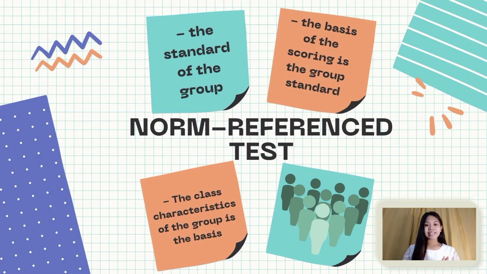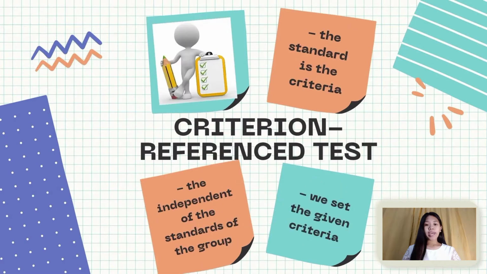In the norm reference test, the standard of the grading system is the group, the norm of the group, okay? The standard of the group or the class characteristics of the group is the basis when we talk about the norm reference testing. Now, when it is a criterion reference grading system, it is independent of the standards of the group because the standard here is the criteria.